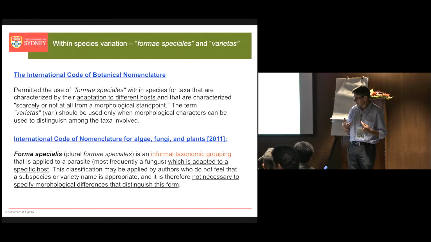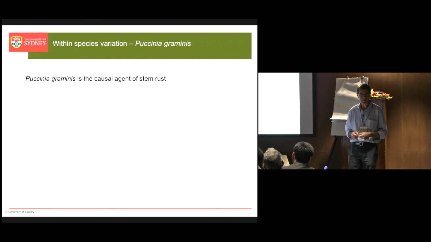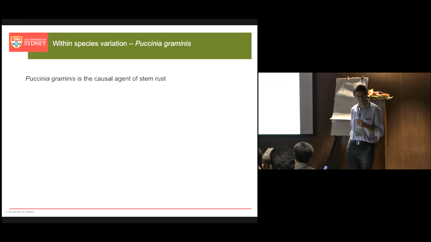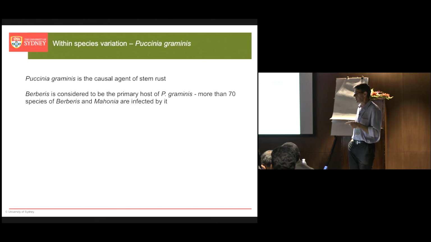So let's talk then about Puccinia graminis. I've already mentioned this. This is the causal agent of stem rust. Interestingly, this is a contradiction from my last lecture, but if you look at the studies that have been done on the evolution of Puccinia graminis, its primary host is considered to be barberry, not wheat. The reason that we say its primary host is wheat is because we as humans think wheat is more important than barberry as a food source. So that's an anthropogenic view.